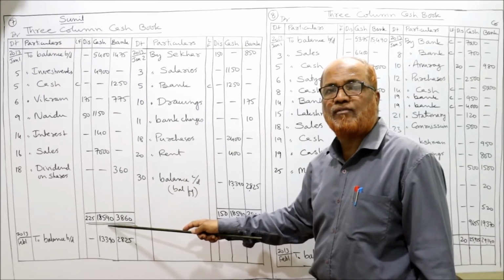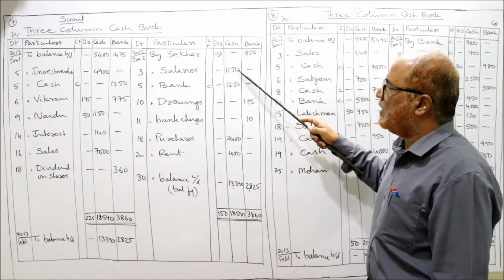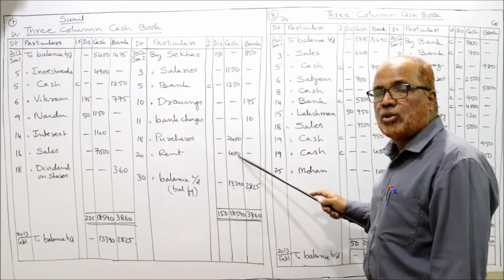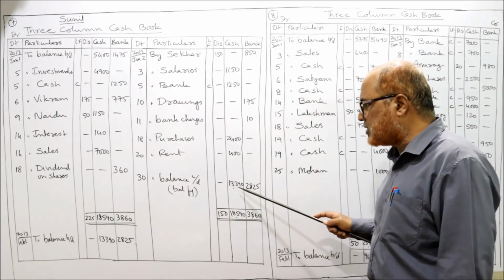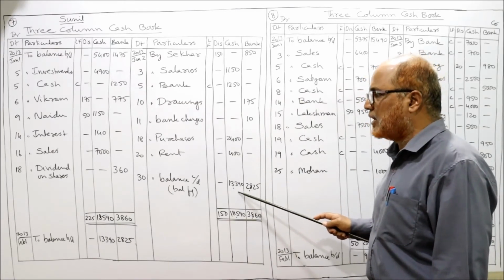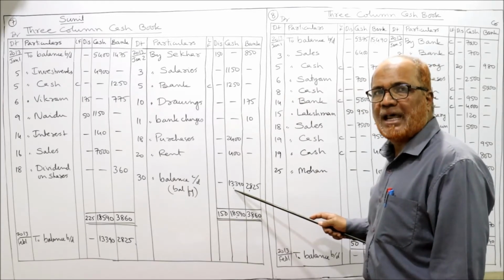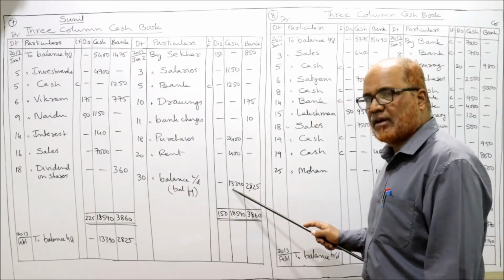Same 18,590 minus 1150 minus 1250 minus 2,400 minus 400. The balance of cash at the end of the month is 13,390. This is the closing cash balance at the end of the month. By balance carried down, balancing figure.